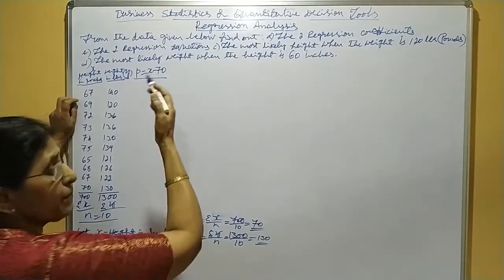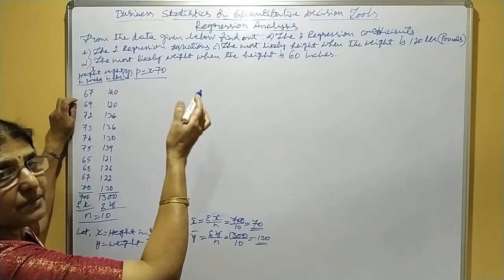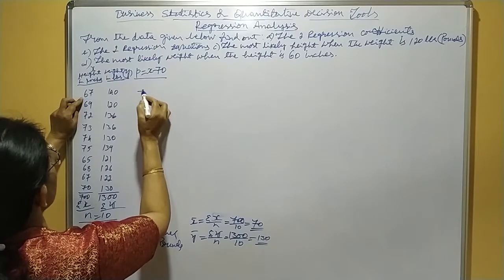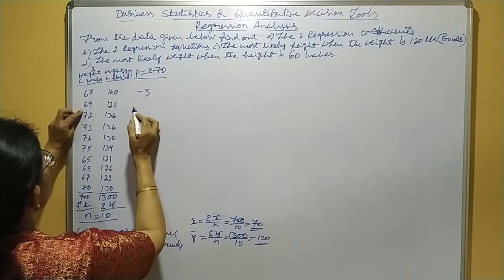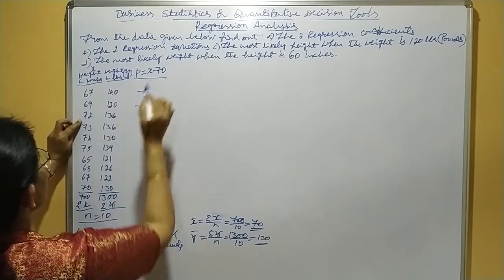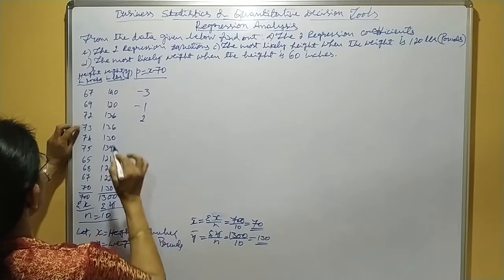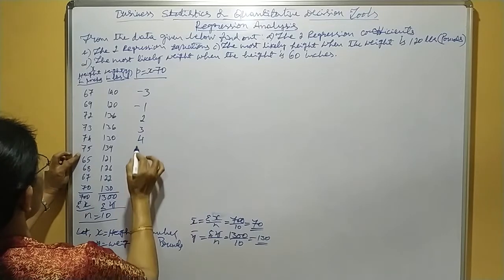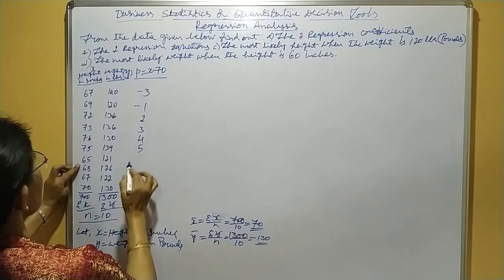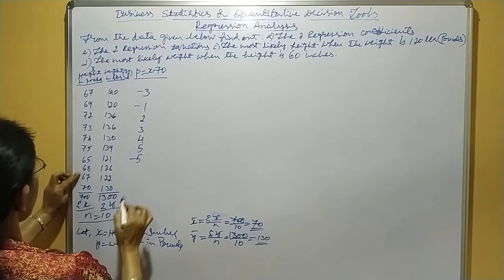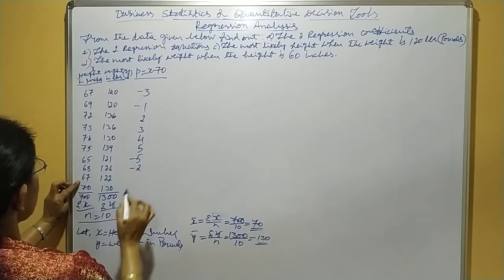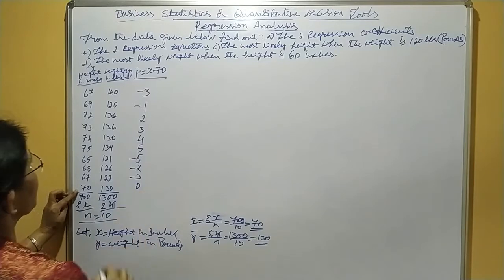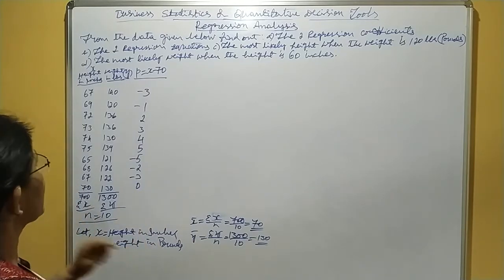That is, when it is plus you need not write, when it is minus then we have to mention. 67 minus 70, minus 3, 69 minus 70, 72 minus 70, 73 minus 70, 74 minus 70, 75 minus 70, 65 minus 70, 68 minus 70, 67 minus 70, 70 minus 70. Here it is accidental one.